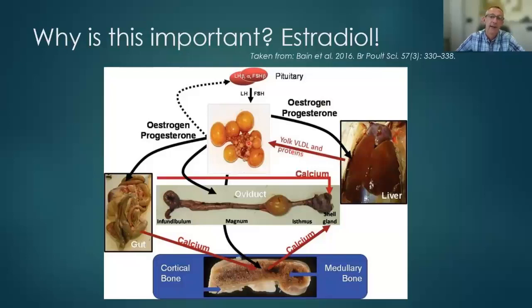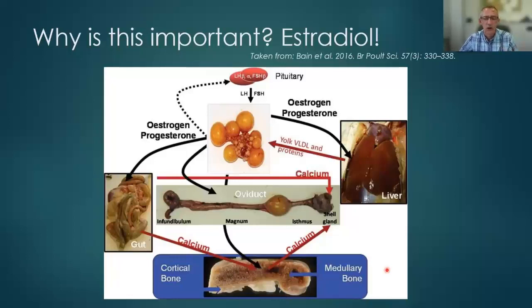Those yolk VLDLs can then be accumulated in the growing yolk. Estrogens also stimulate calcium absorption in the gut, which means the hen knows it's time to lay. When estradiol goes up, that means it's time to pack up calcium and increase the absorption, and as well, estradiol will switch the bone physiology from cortical bone to medullary bone.